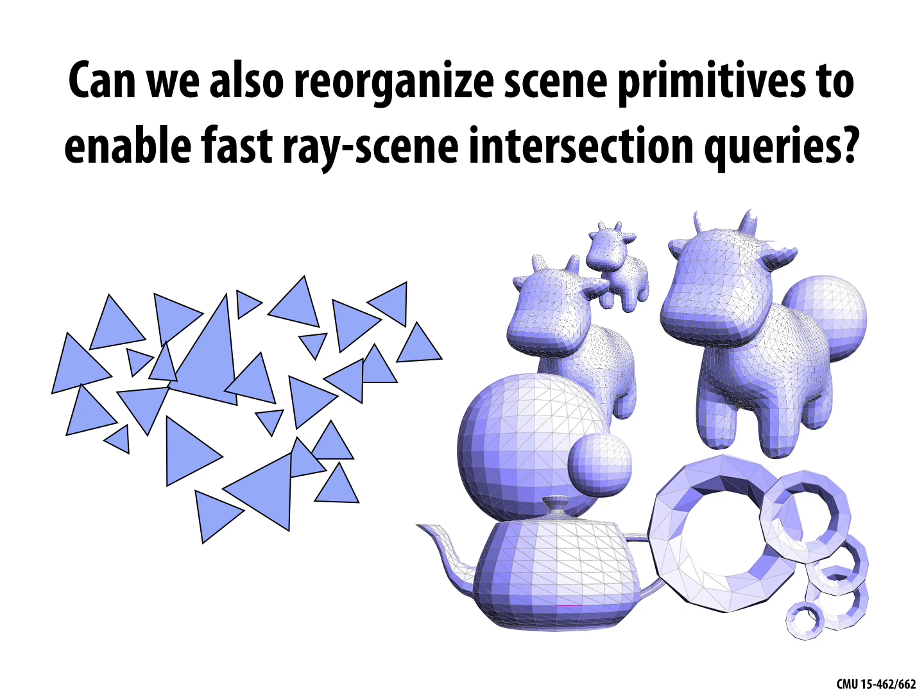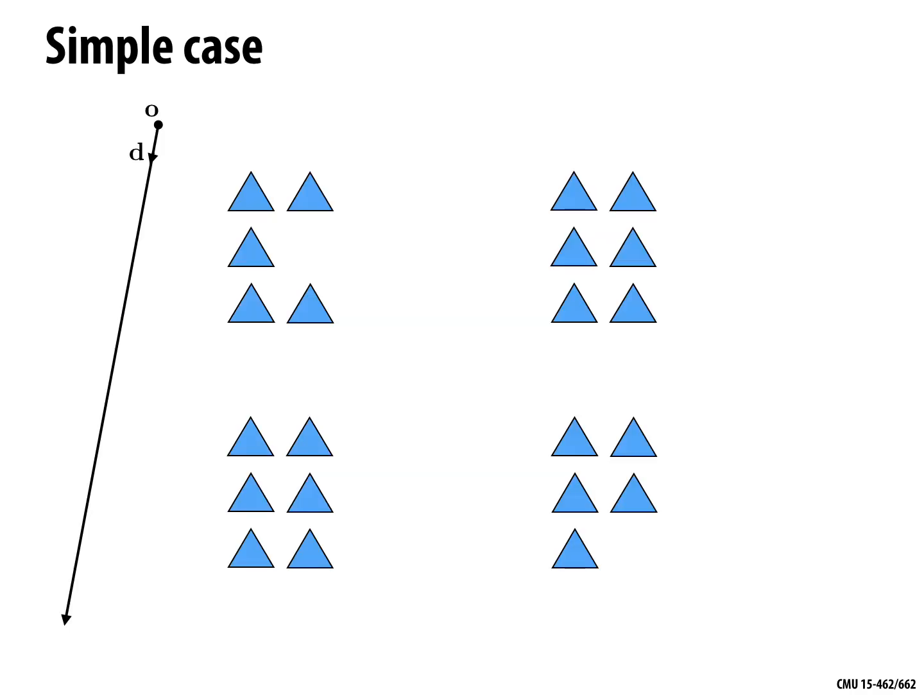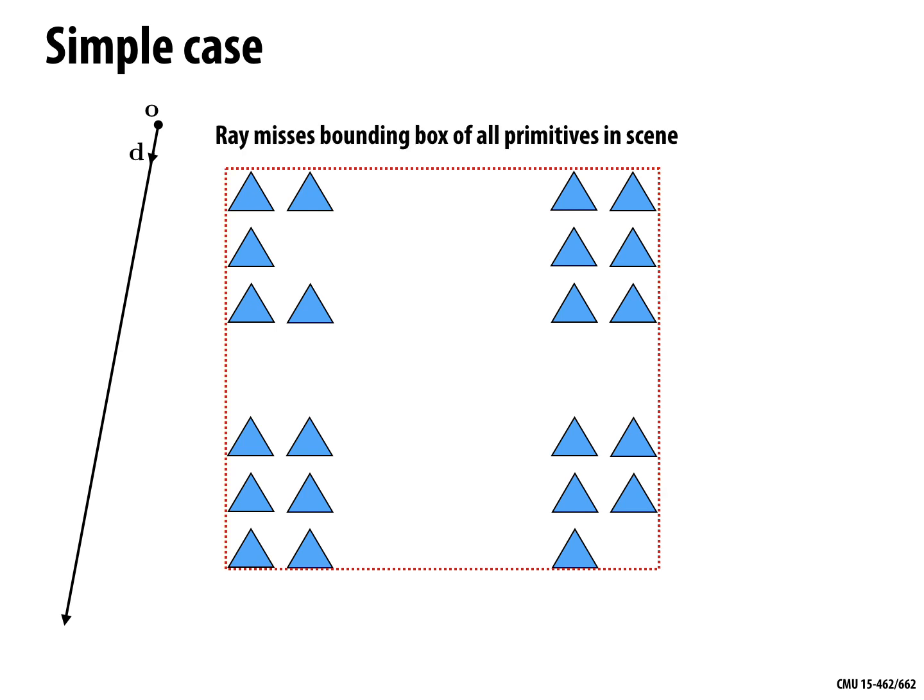Okay? So let's just consider this simple case. We have this scene with a bunch of triangles, and we have this ray. We want to do an intersection with the scene. Now, if we go with this bounding box strategy that we had before, life is kind of good in this case because, okay, we missed the box. We can skip checking anything inside the box.